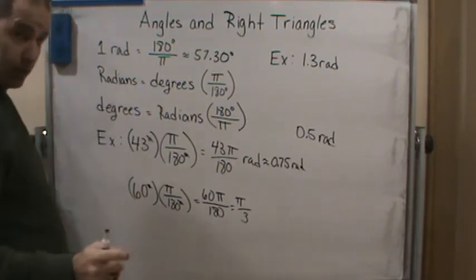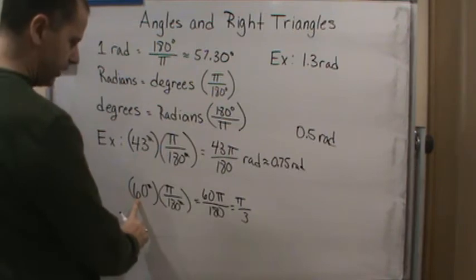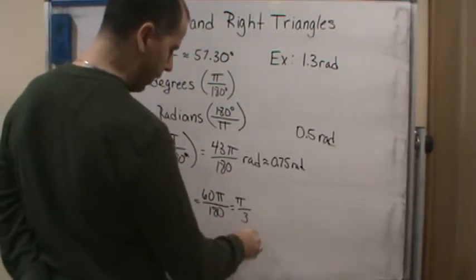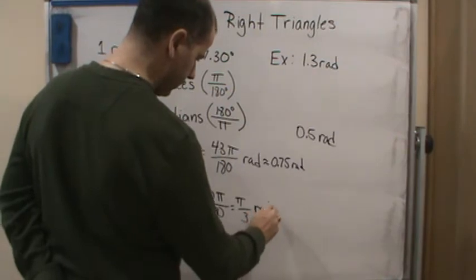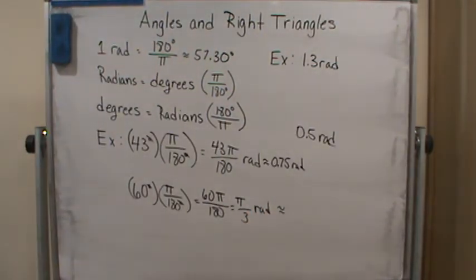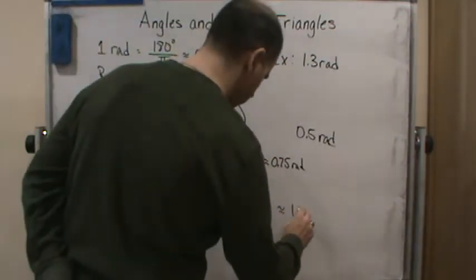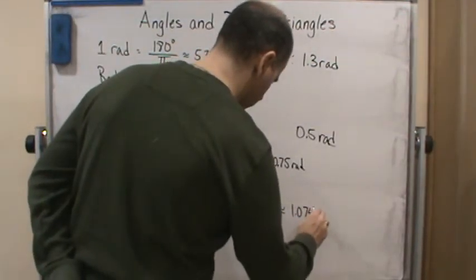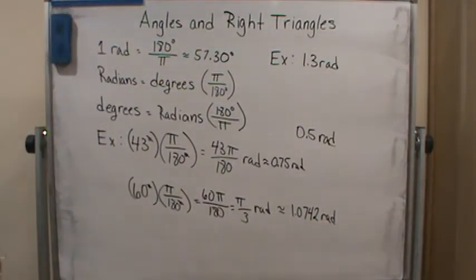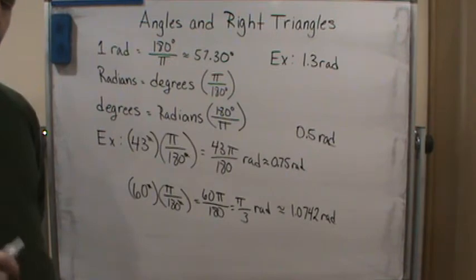If you remember, 60-degree angles are pi over 3 radians, which is approximately equal to 1.0472 radians.